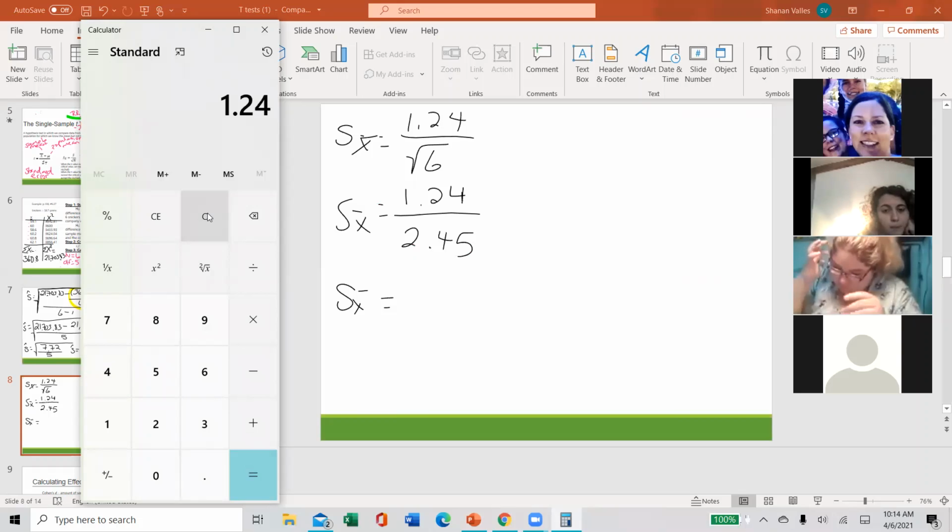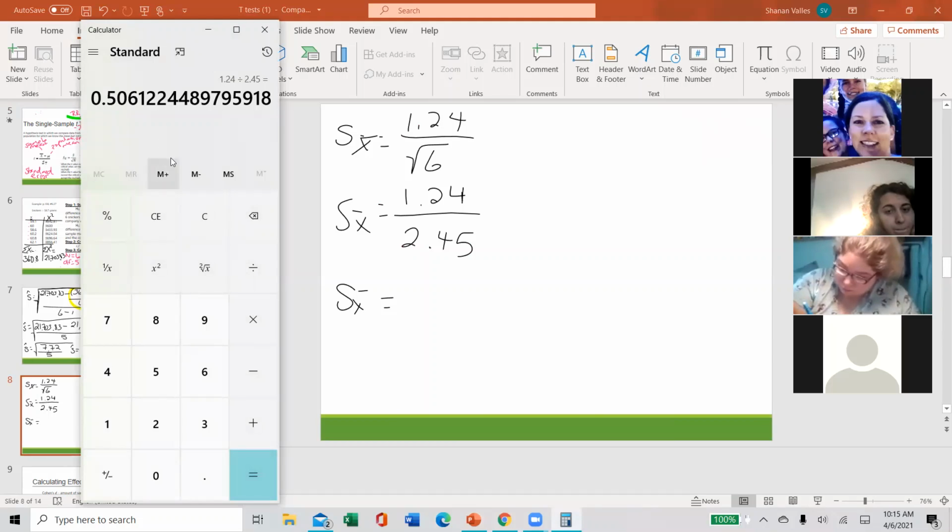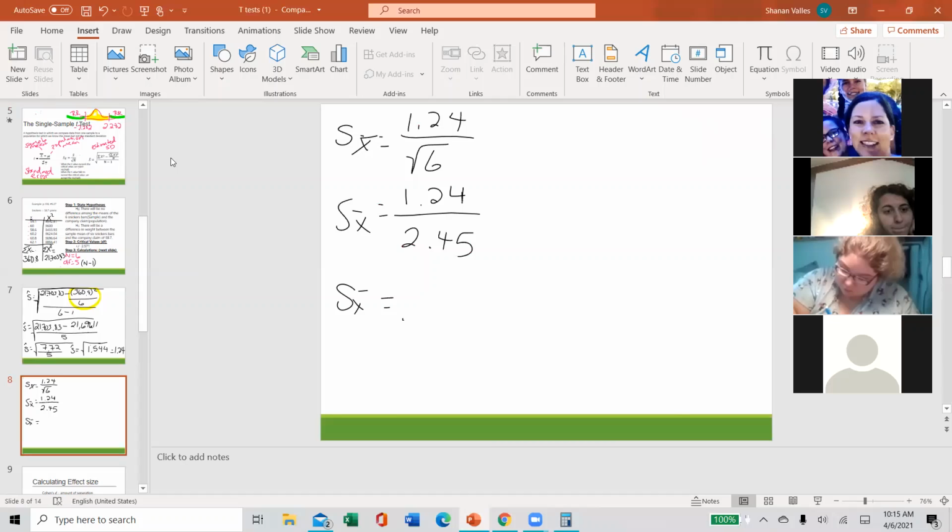And then 1.24 divided by 2.45 is equal to 0.51. Okay, our standard error is 0.51.